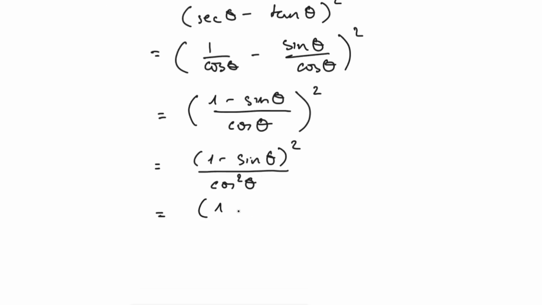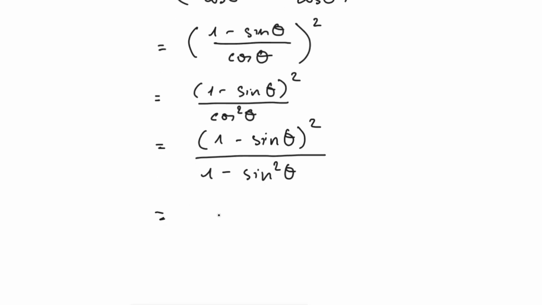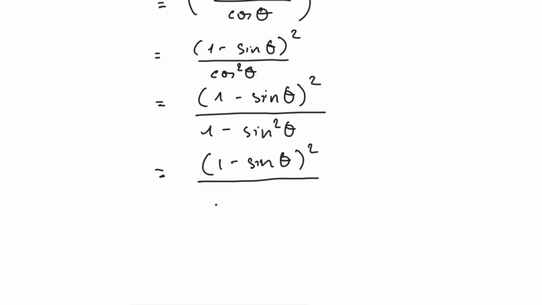So cosine square equals 1 minus sine square, right? So 1 minus sine square equals 1 minus sine multiplied by 1 plus sine.